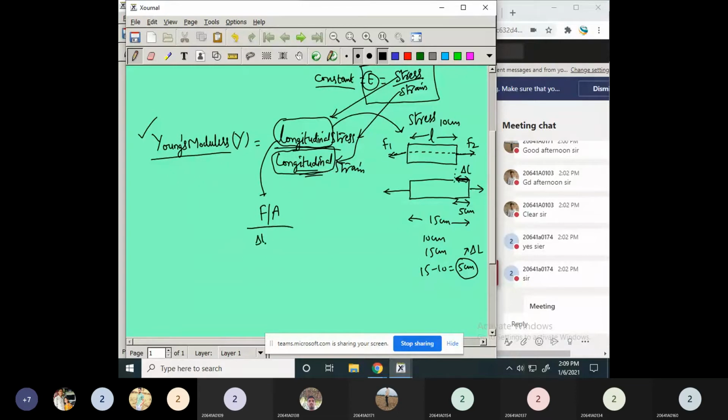Strain is given as delta L by L, the change in the length by the original length. Now if you rearrange this, you can write this as F by A into L by delta L. So you can write FL by A delta L. So this is known as the Young's modulus.